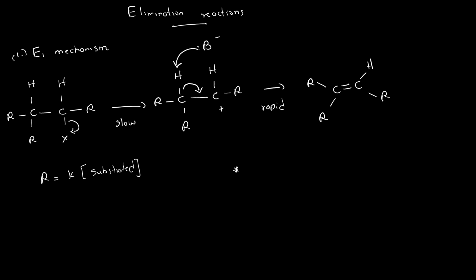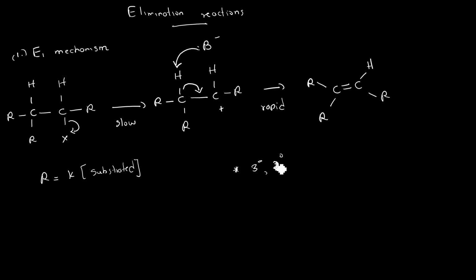Okay, so first the substrate. You can see the nucleophile or our base is not involved initially, right? So for the E1 mechanism, same as the SN1 mechanism, tertiary or secondary substrates are preferable.